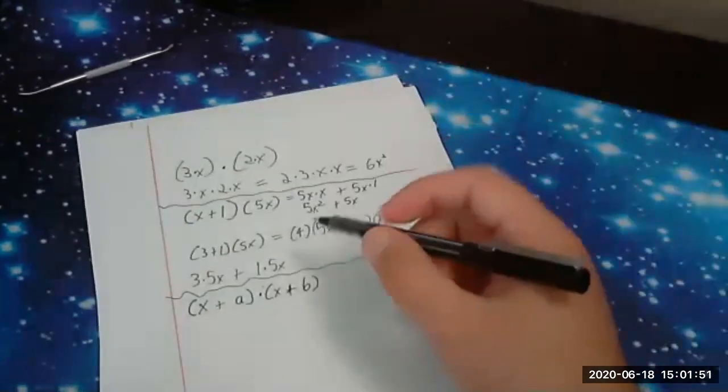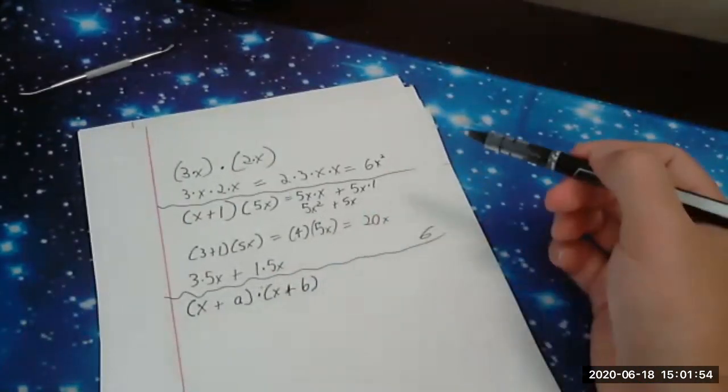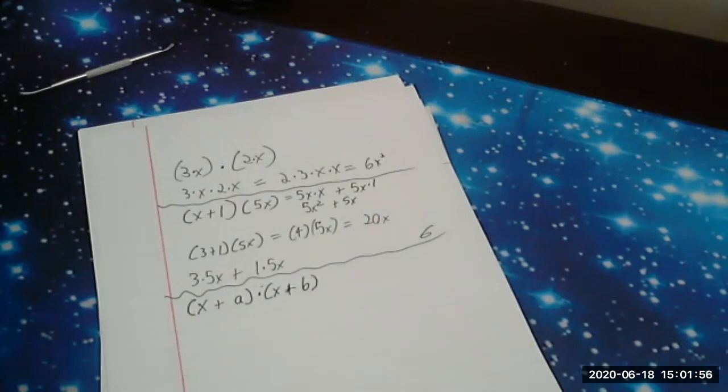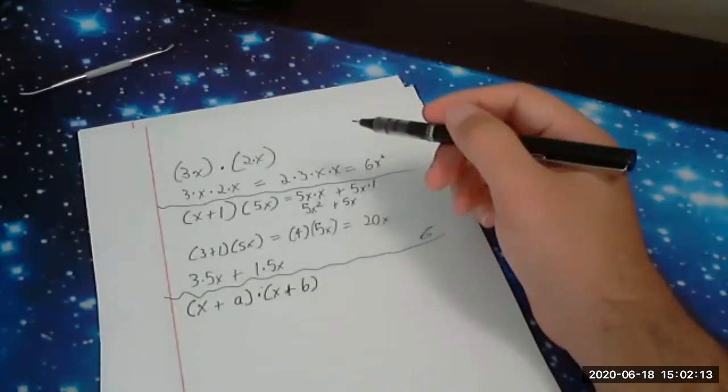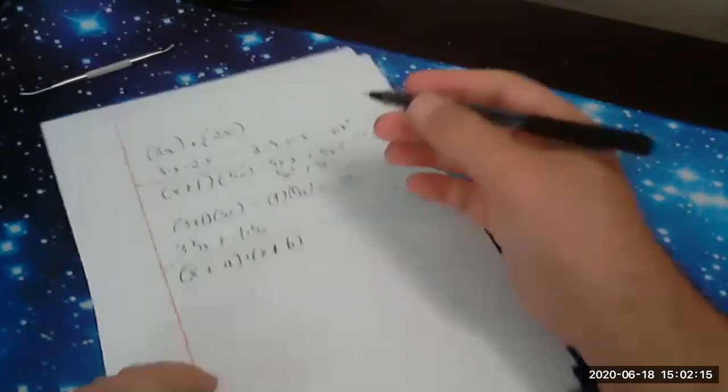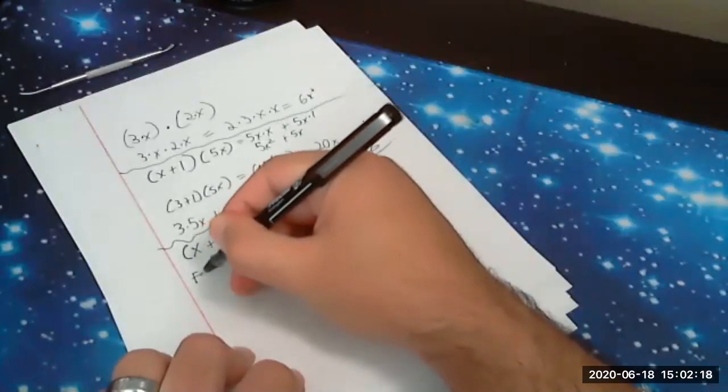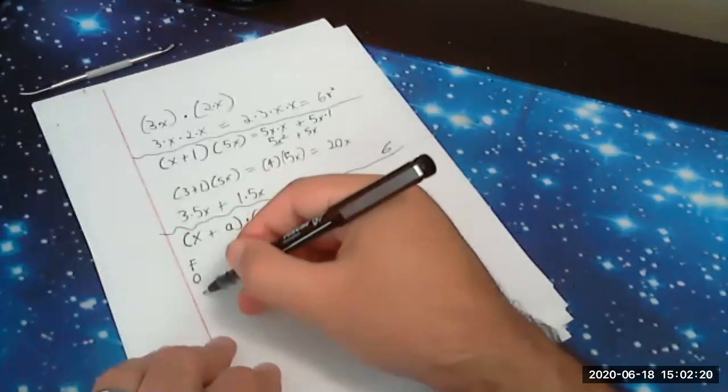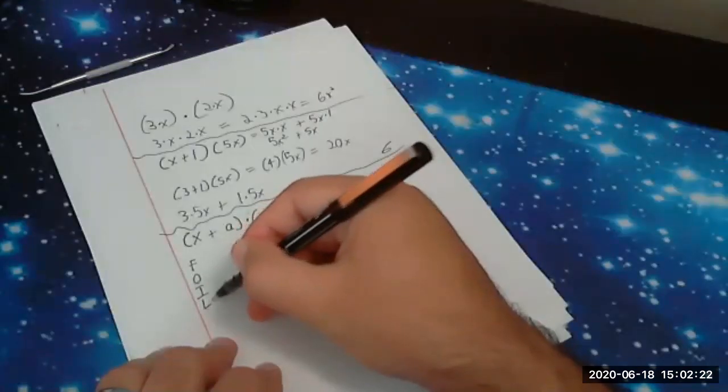But x plus a times x plus b. What are we going to do about this big ugly thing? You would do the foiling process. Yeah, so that's how most people tend to deal with this kind of problem, like you said, FOIL.